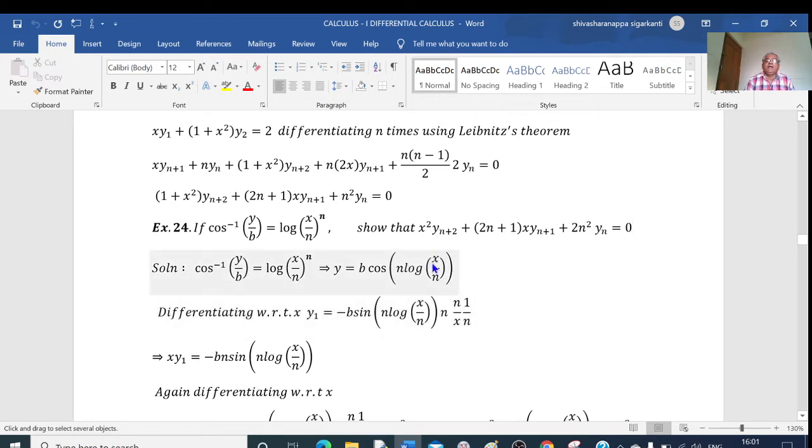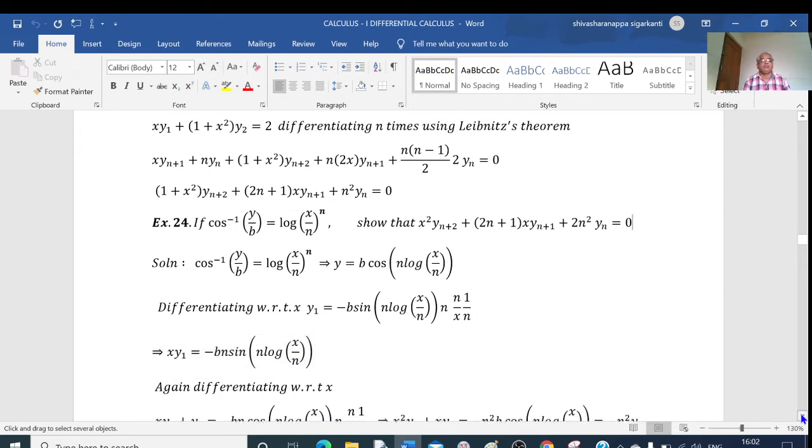Now this n and this n get cancelled. Then multiplying throughout by x, we get x y1 is equal to minus b into sine of n log x by n, with the n written here. Okay, minus bn into sine of n log x by n.